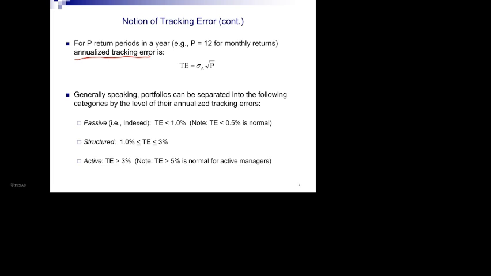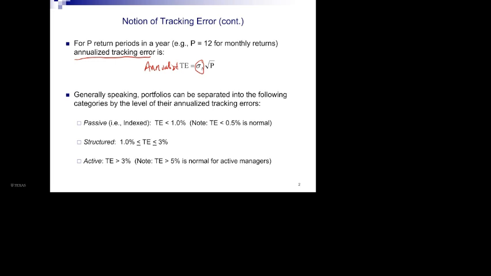And so the way we get an annualized tracking error is to take the periodic tracking error multiplied by the square root of the number of return periods that you're working with. So again, if it's monthly, P would be 12. If it's quarterly, P would be 4, and so on.